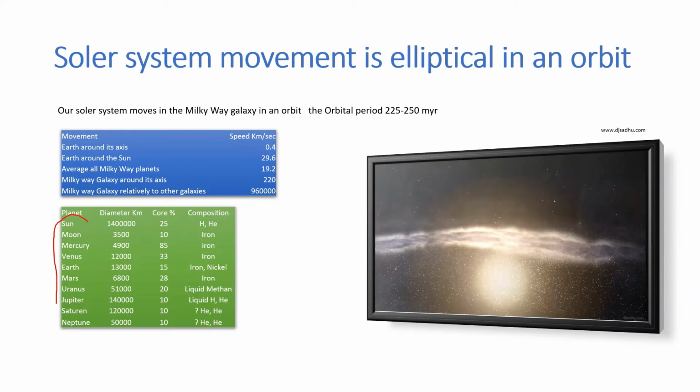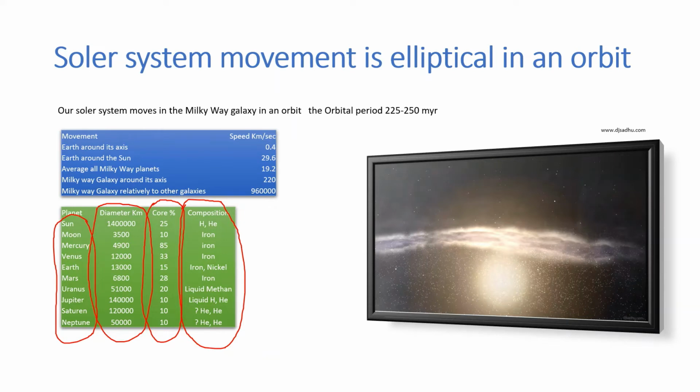The solar system objects are shown here in this column, and the diameter of the objects is shown in this column, and we have the core percentage of the size of the planet shown in this column, and the composition of the planet's core is also shown in this column.